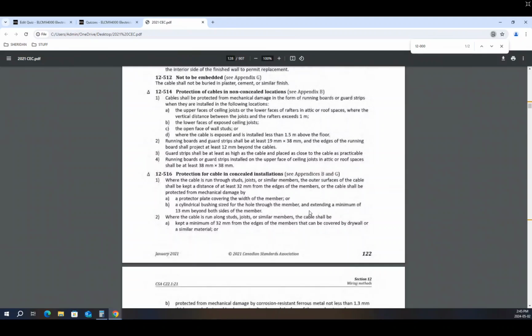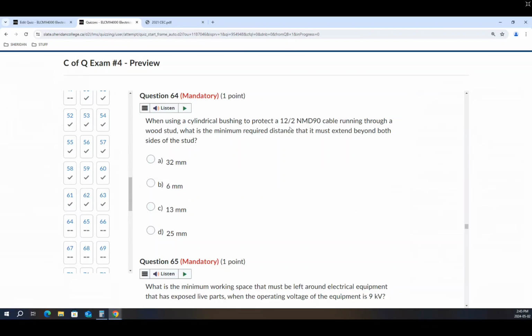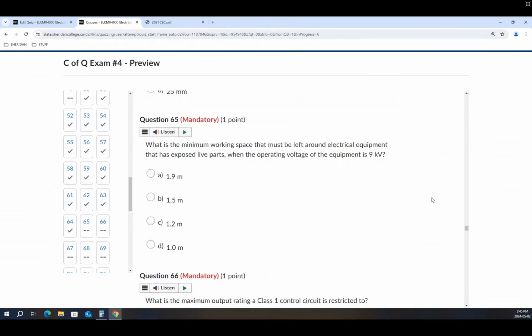Cylindrical bushing sized from a hole through the member, extending a minimum of 13 millimeters beyond both sides. Cylindrical bushing, both sides, 13 millimeters.